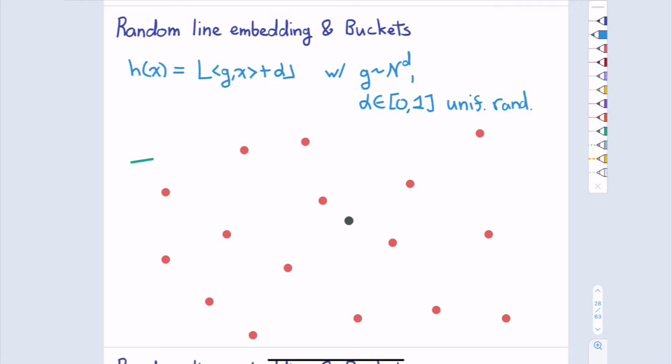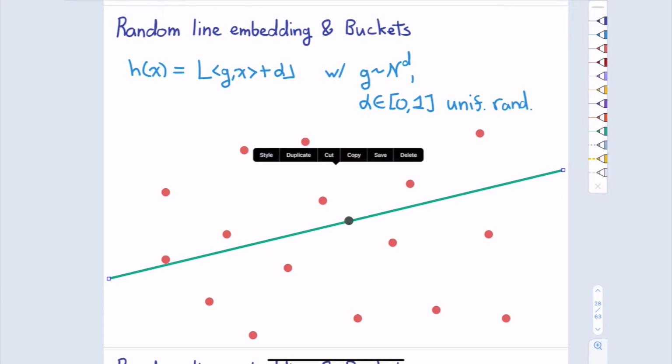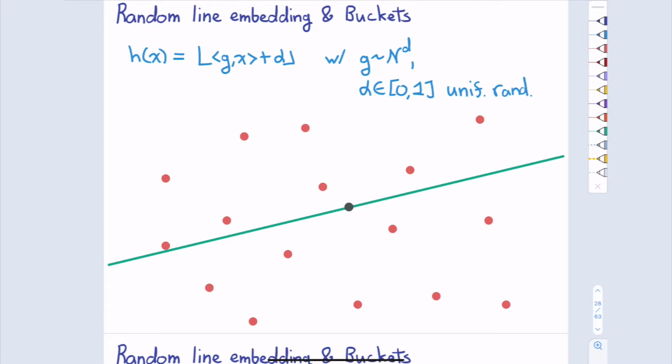Okay, so this black thing is supposed to represent the origin. So maybe here's like a line. So the Gaussian is going to carve out some kind of line. Okay, and so you're going to project. So the vector itself, let's say I've normalized to be a unit vector. Maybe that's like length 1 or something. You're going to project these points onto the line.